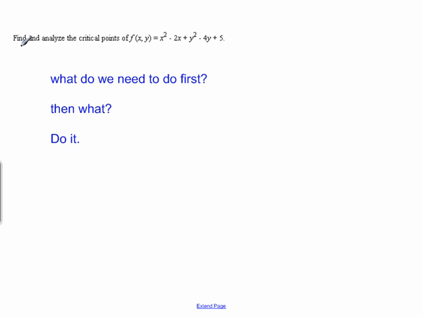So if I wanted to analyze the critical points of this function, what do we need to do first? Well, let's think. We could find f partial x, 2x minus 2, and f partial y, which is 2y minus 4.